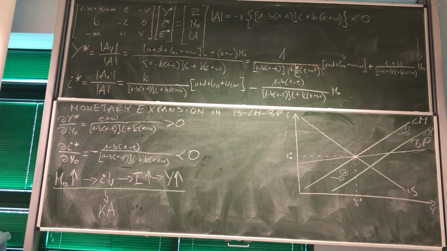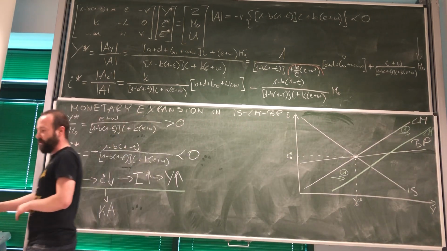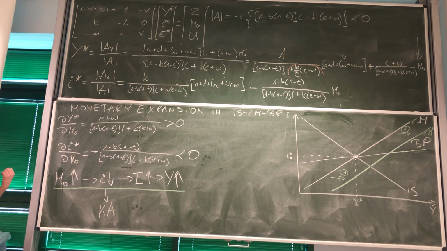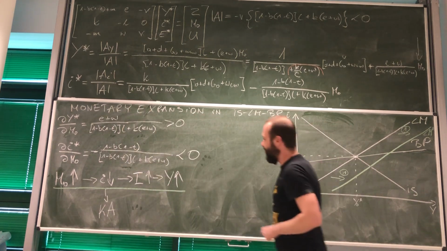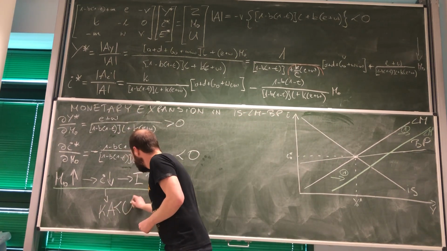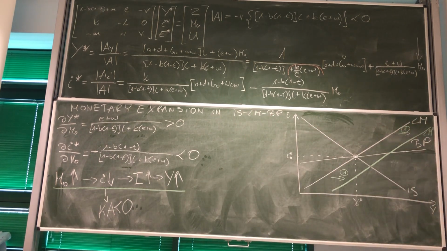We said that capital account depends on the difference between domestic and foreign interest rate. If our interest rate is falling, it means that we will observe capital outflow, right? So capital account goes into deficit, right?